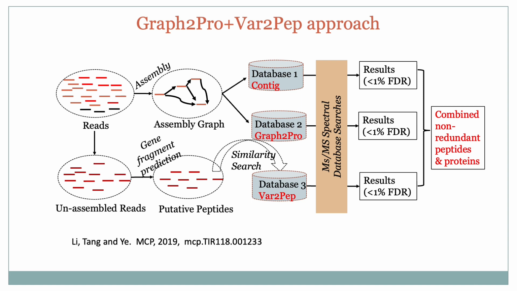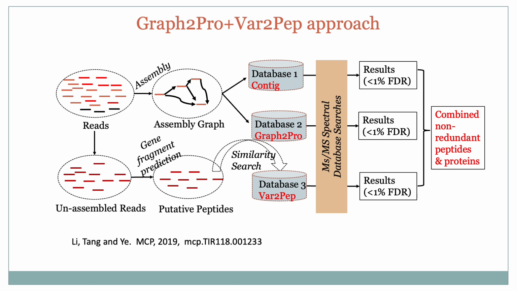And the other idea is, can we fully utilize the genomic sequence information that may capture variations of the genomes that are not in the assembly graph? That's the idea behind the VarPep approach.